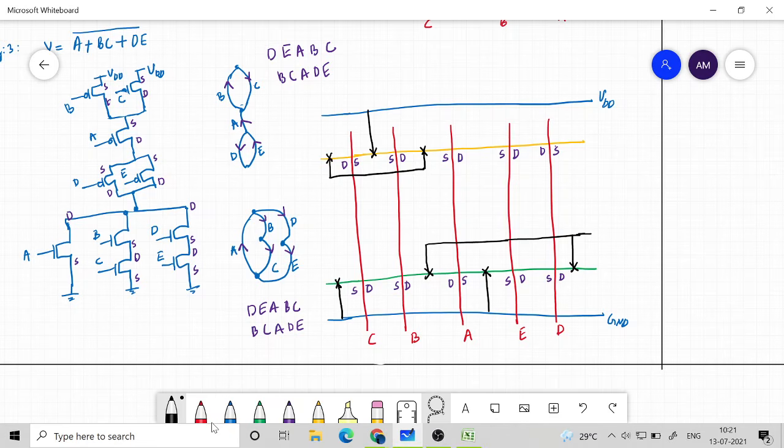Then what else? And the drain of A, that is this point. Drain of A should be connected to source of E and D. So that means like this.